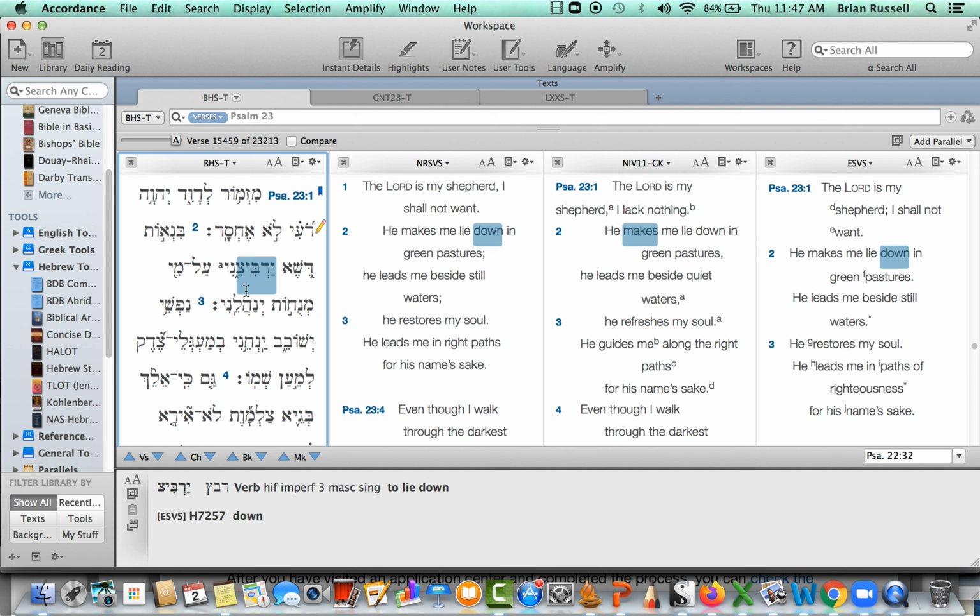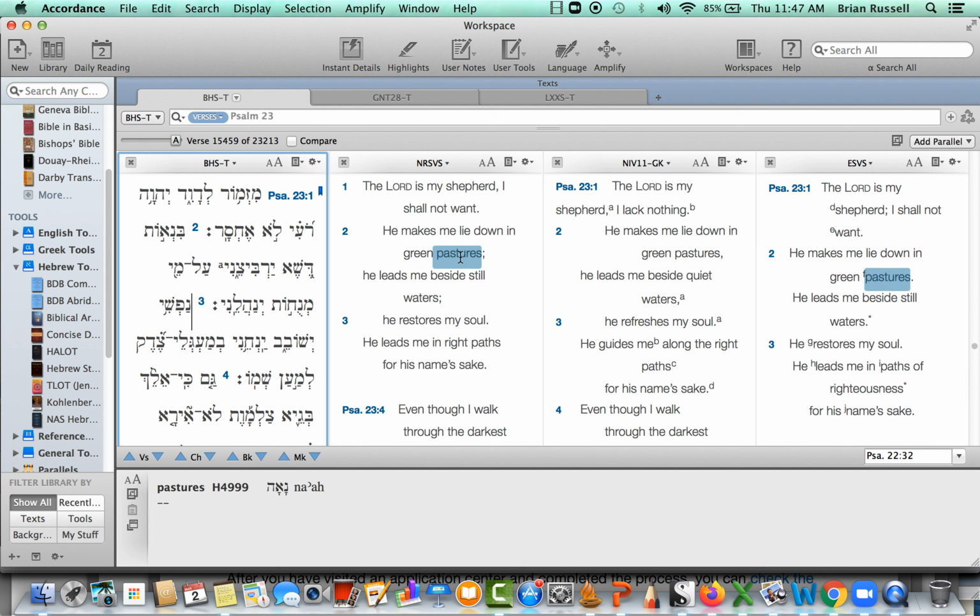Okay, well, let's start with the imperfect first. This word means lie down, and so is it future? It's an imperfect, so go to the imperfect. Is it going to be future? He will lie me down by green pastures. Well, it could be, but notice our English translations, they say, he makes me lie down in green pastures. Notice it's present.